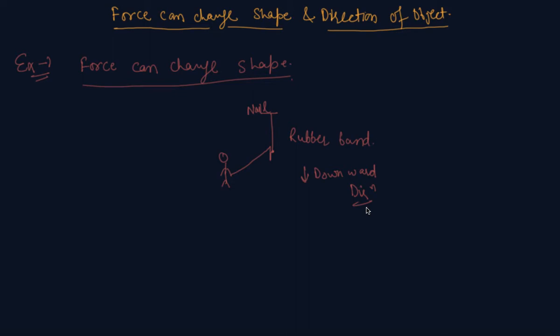That is what elasticity means. After regular pulling, the shape of the rubber band will be like this, distorted. The length here earlier was L1, and now the length will become L2, which is greater than L1.